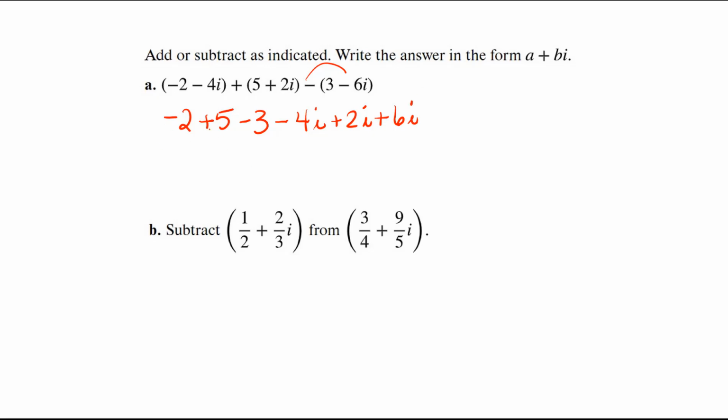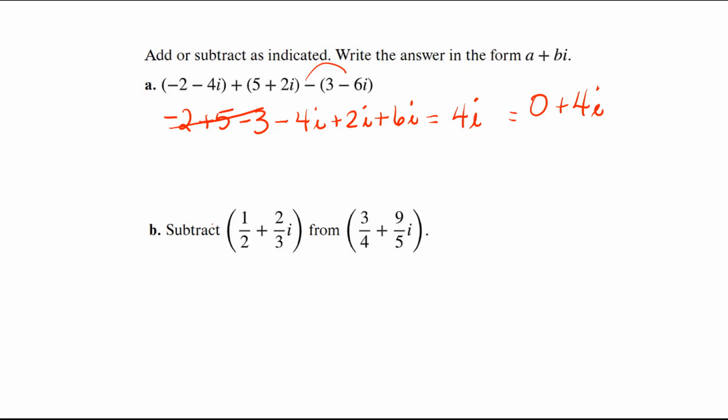If I add negative 2 plus 5 plus negative 3, that is 0. That all cancels out. And I have negative 4i plus 2i plus 6i, which is just 4i. So if I wrote that in a plus bi form, I would write 0 plus 4i. 0 is a real number.